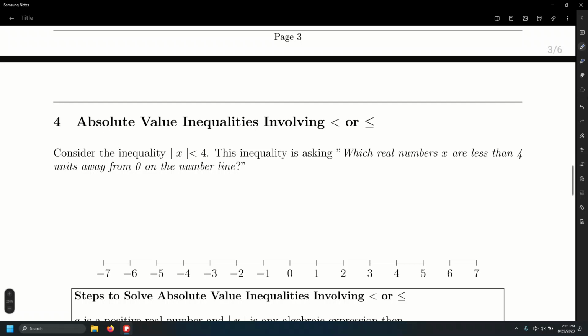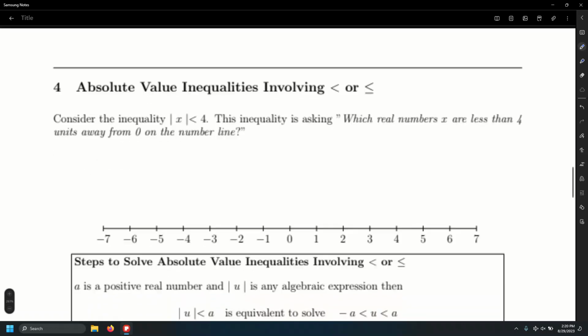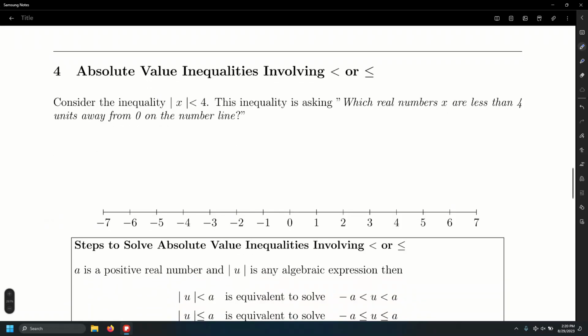However, we're going to look at the absolute value. Again, we're going to look at the meaning of solving an absolute value inequality, because you may have solved this kind of inequality before, but maybe you didn't get to see what the real meaning is.